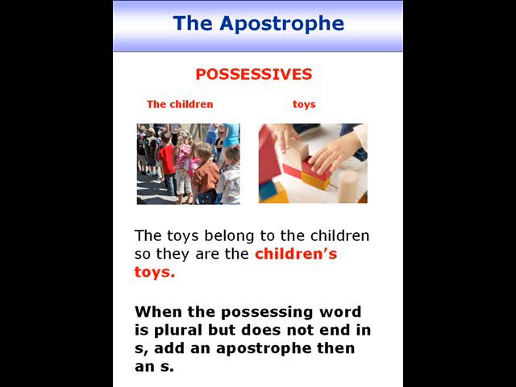When the possessing word is plural but does not end in an S, just add an apostrophe, then an S. There are other words to watch out for that fall into this category. Men and women are the main ones. So when men possess something, it is M-E-N apostrophe S always. Likewise with women, W-O-M-E-N apostrophe S always.